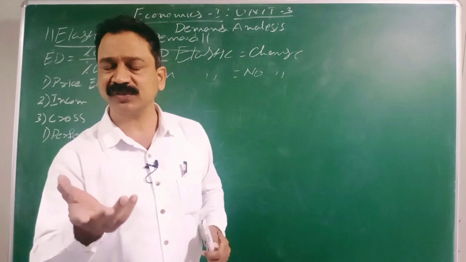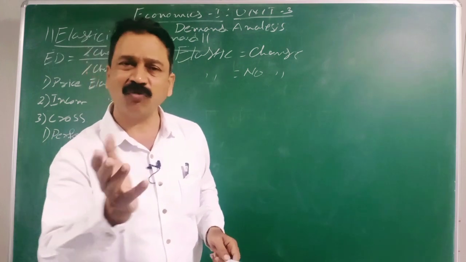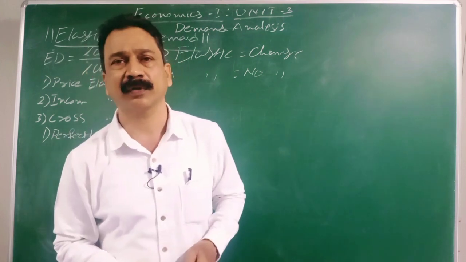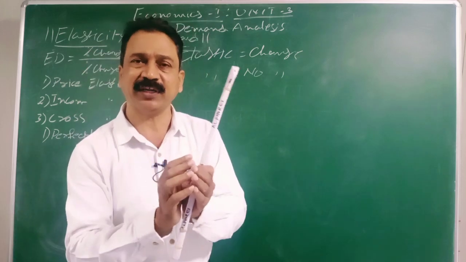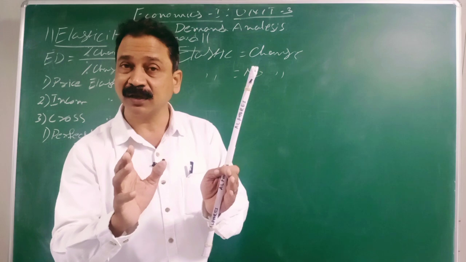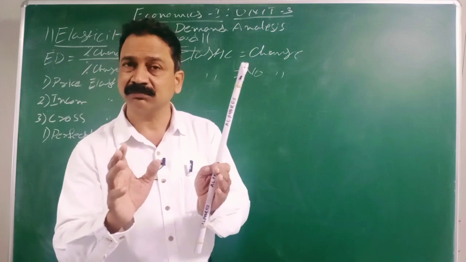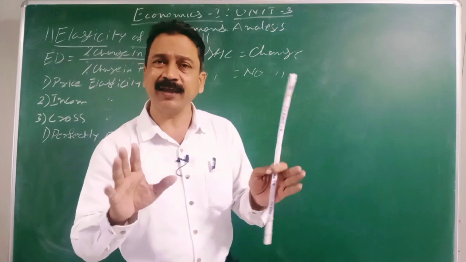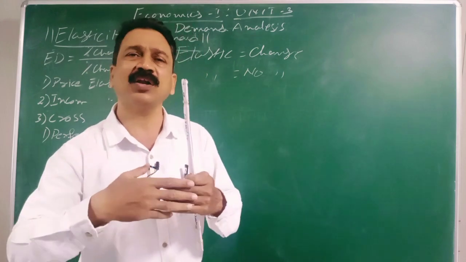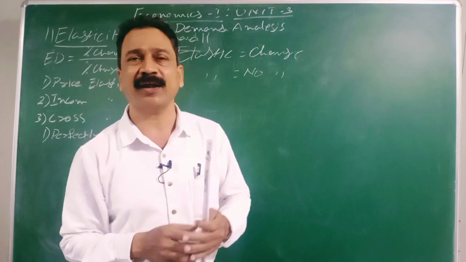You are also watching certain commodities we cannot avoid utilization of. Whether the price increases or decreases, we have to use the same quantity. For those commodities, elasticity is 0. But some commodities, without any change in the price, go on increasing and decreasing in demand.